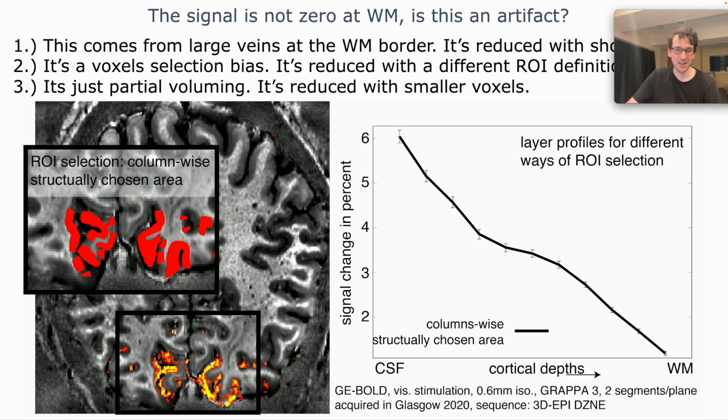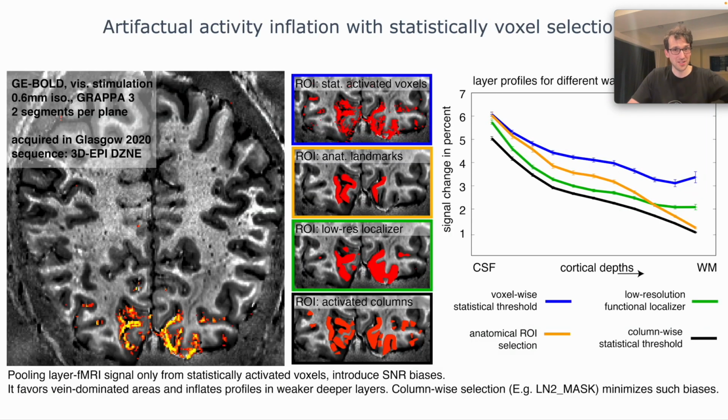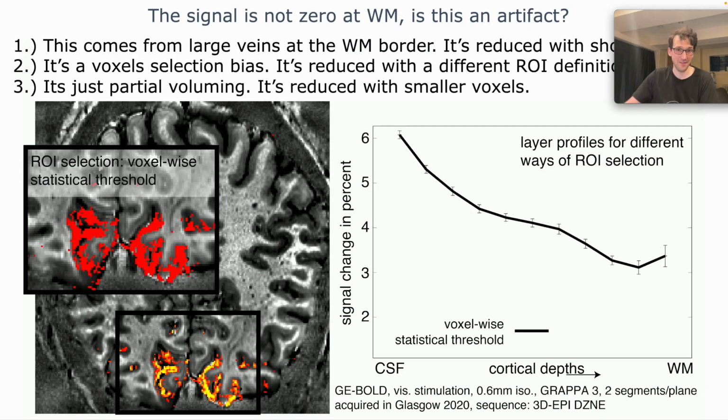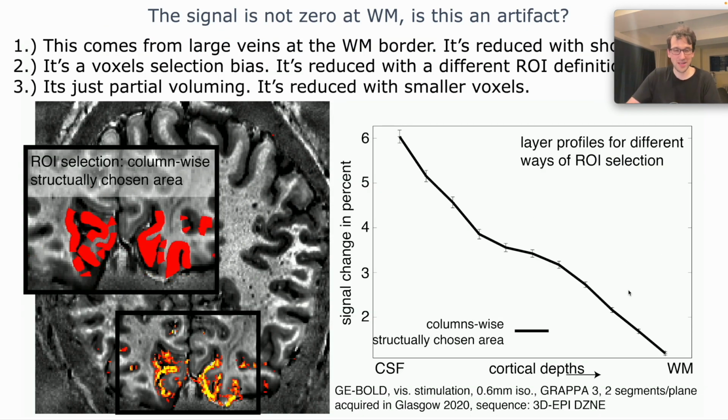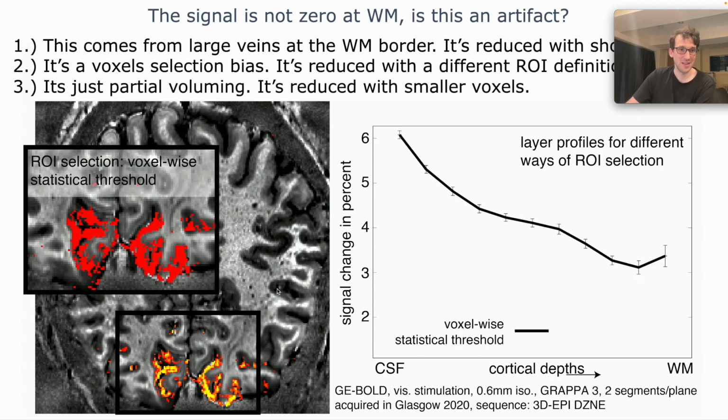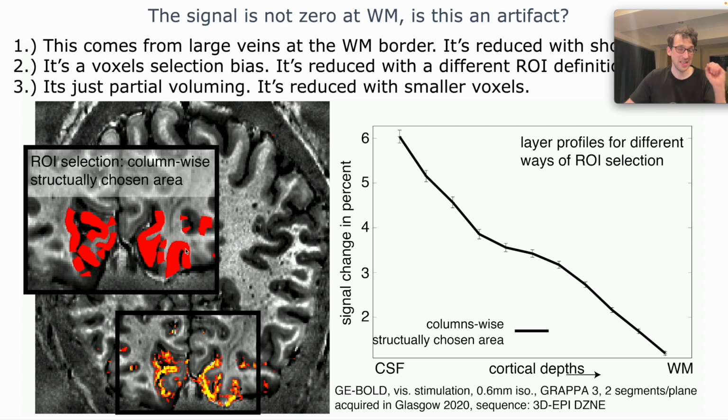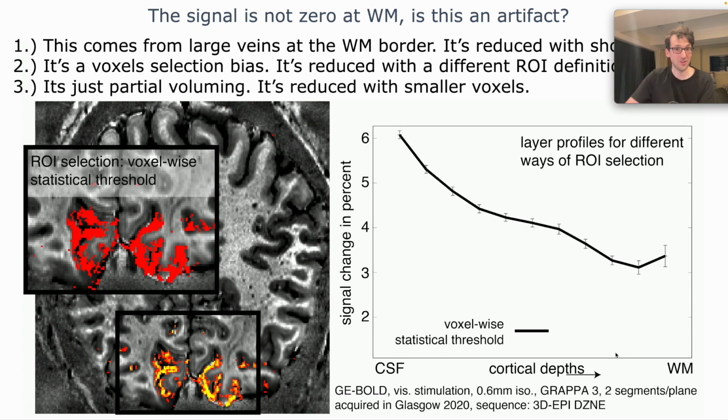And therefore, if I only get the positive ones that happen to have noise on top of it to make it above the threshold, it basically means that we have an elevated signal there. So one way to account for this is to not only look at voxels that are significantly activated, but to look at entire columns that are activated. It might still have a similar bias in there, but it's certainly reduced a lot.